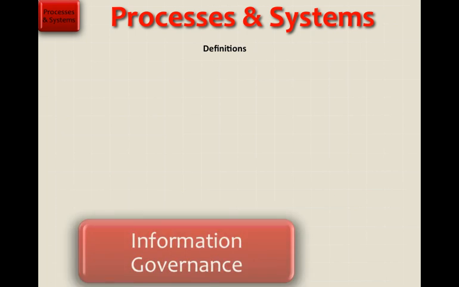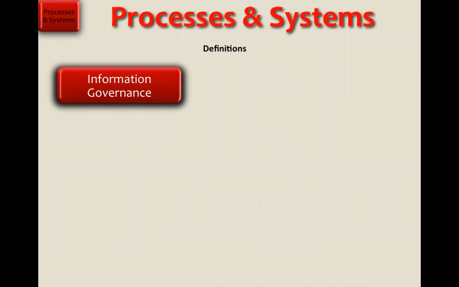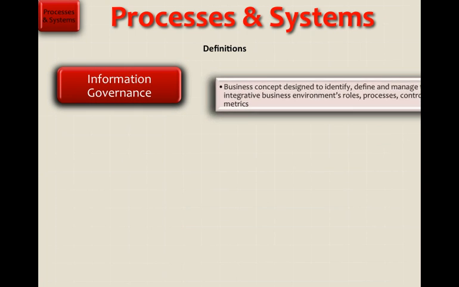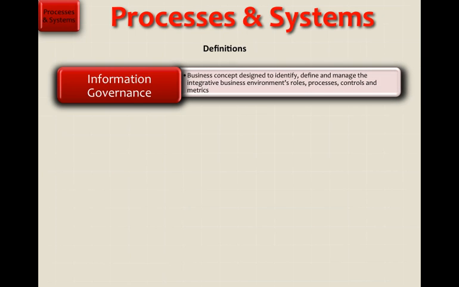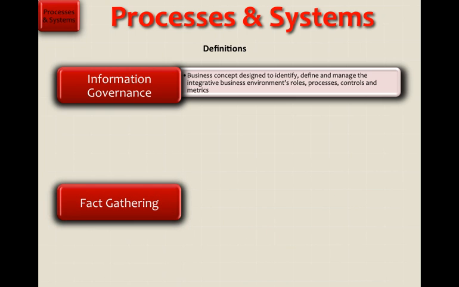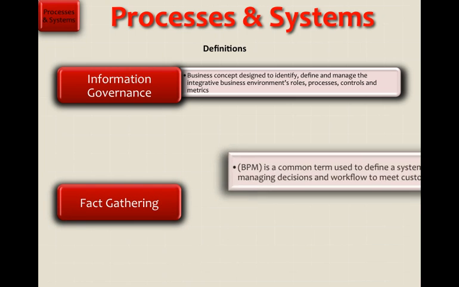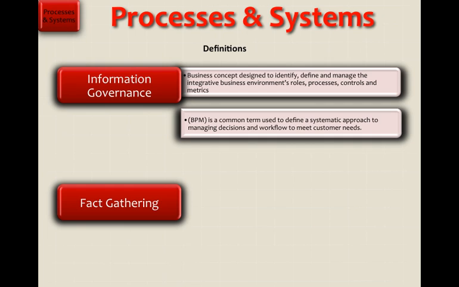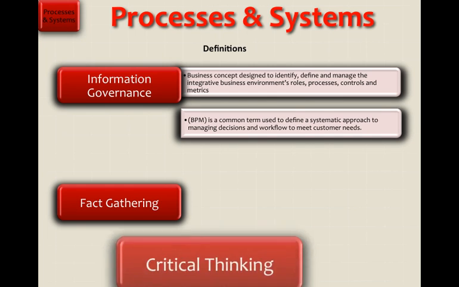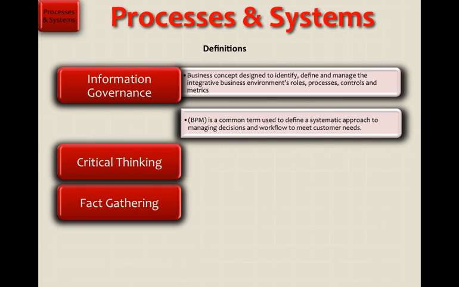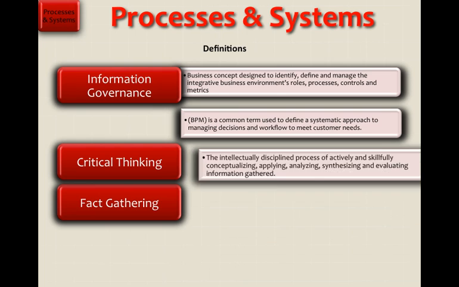So here are some definitions that might be beneficial for you from this processes and systems perspective. Information governance, business concept to identify, define, and manage the integrated business environment. Fact gathering, which is a function of being able to pull together facts and important pieces of information to make sure that we can use them in a way that is beneficial for the overall organization.